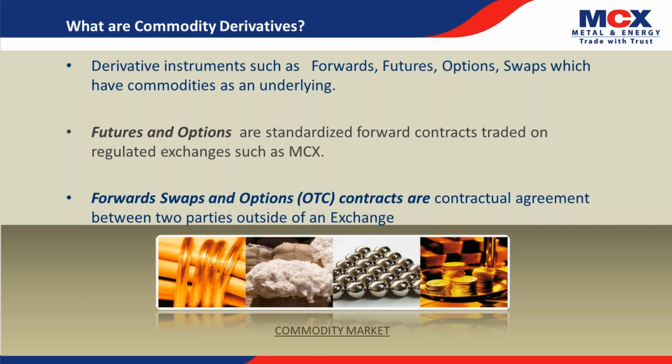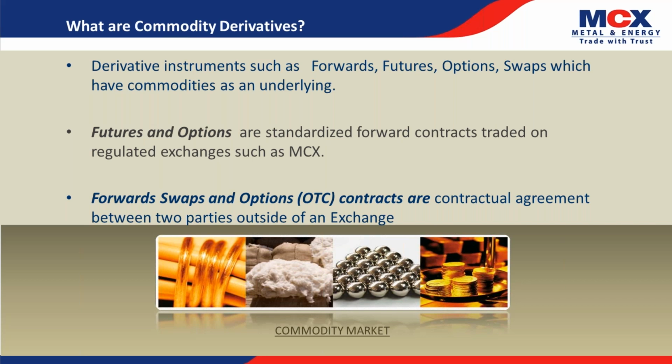So just to sum up what I've just said, of the four instruments that we talked about, futures, options, forwards, and swaps, futures and options are exchange traded instruments based on standardized contracts tradable on an exchange such as MCX.